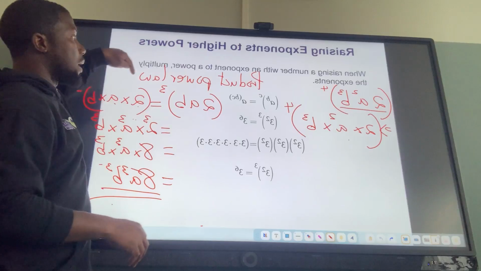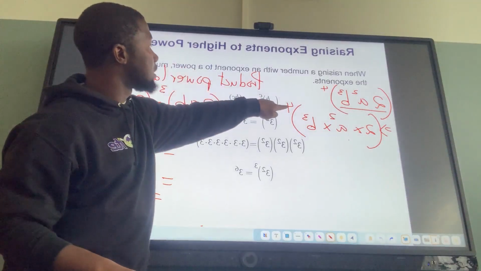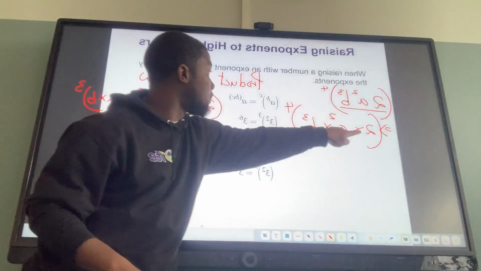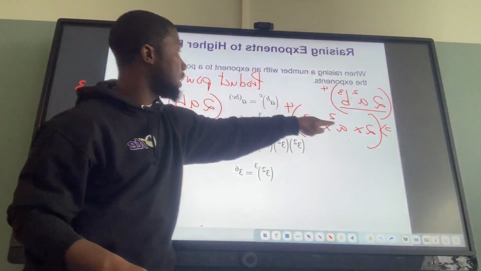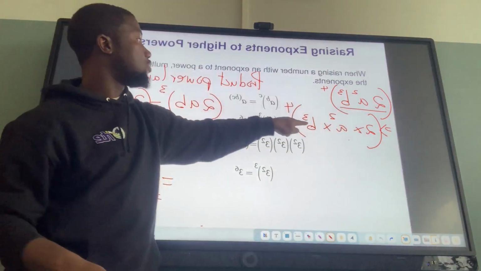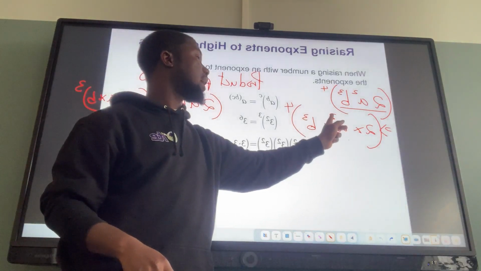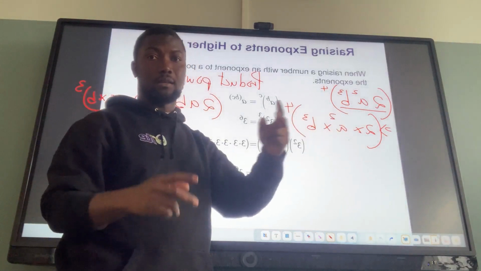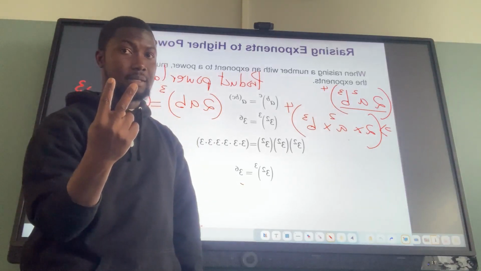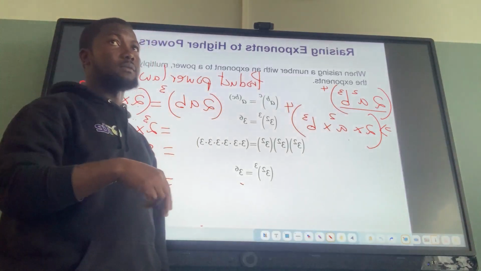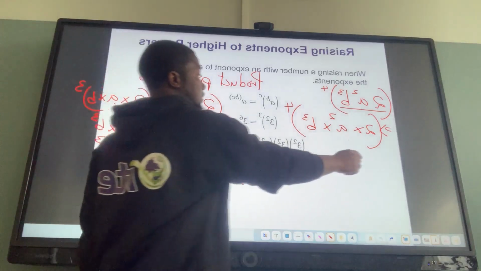Because of the product power law, we are going to distribute this power to 2, distribute it to a, and distribute it to b. But watch out, when you distribute 4 to a, which already has a power of 2, meaning a is going to have 2 powers, another law comes in, which is the law we just learned before.